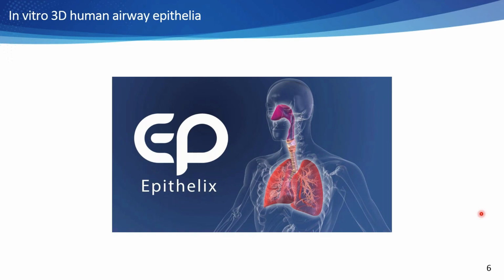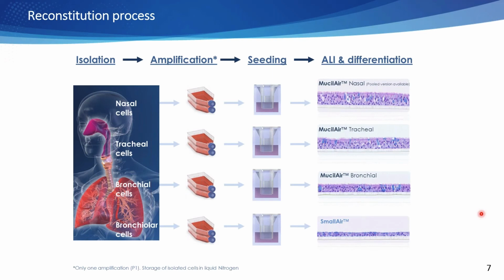So how do we reconstitute these tissues? Well, we start from human biopsy, and the process is really similar, irrespective of the anatomic location of the initial biopsy. So we can start with nasal cells, for example, or tracheal cells, or bronchial cells, or small airway cells.